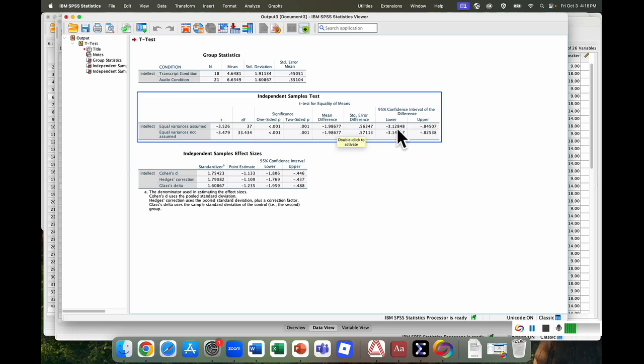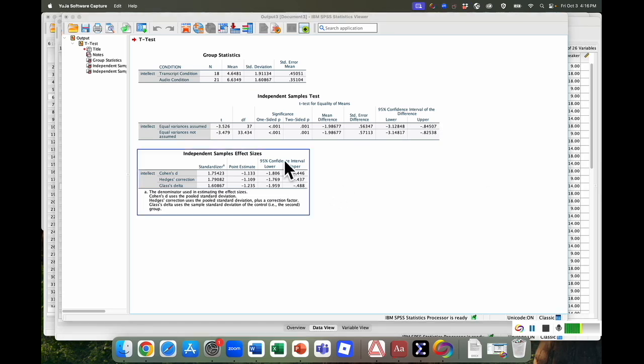And when we look at the lower and upper 95% confidence interval, we can see that they do not encompass 0. They're on the same side of 0. They're both negative. Having the confidence interval of the difference not contain 0 is a sign that it will be significant.